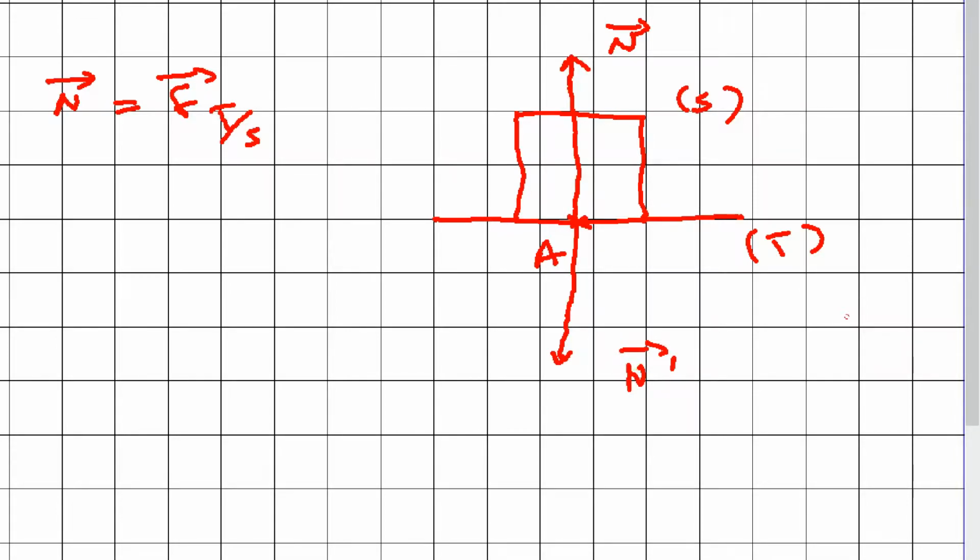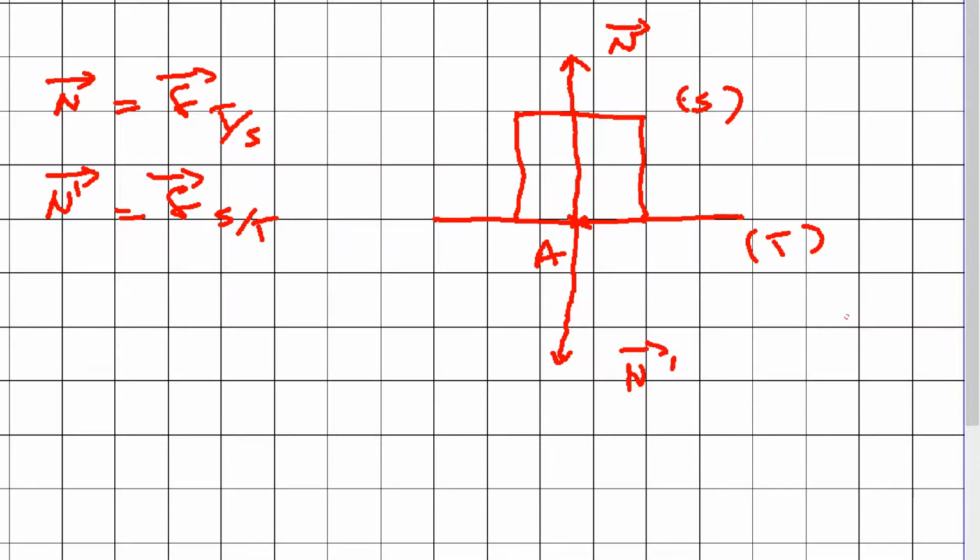If N prime were the weight, I should have represented it at the point G and not at the point A. So what is N prime? N prime is the force exerted by the solid on the table. If N prime were the weight, it would be the force exerted by the earth on the solid S. So this is the principle of interaction.